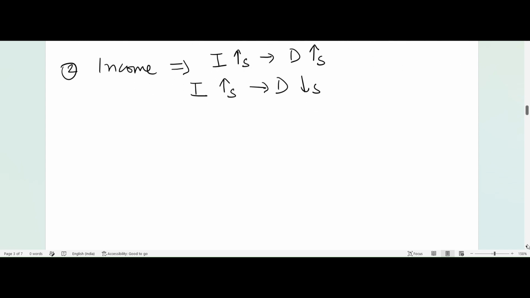Products for which your demand actually increases with the increase in income.